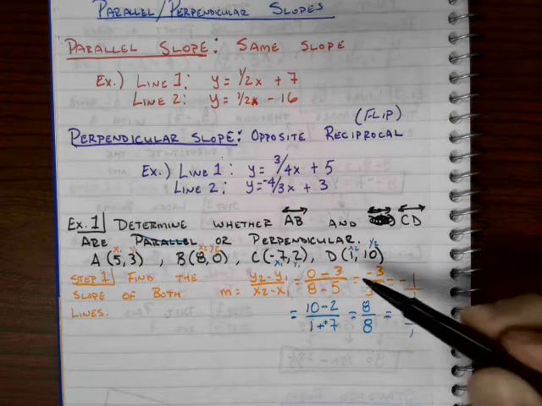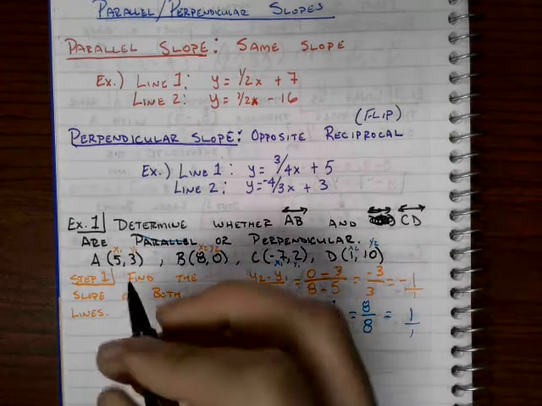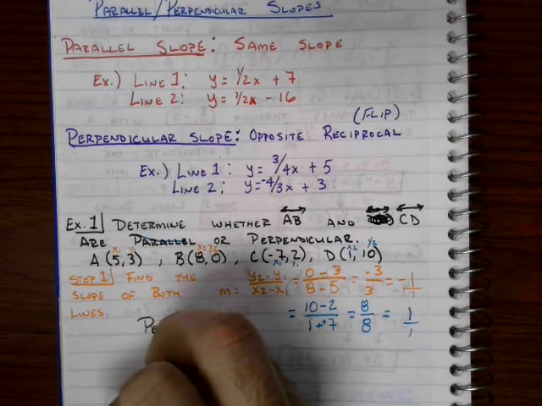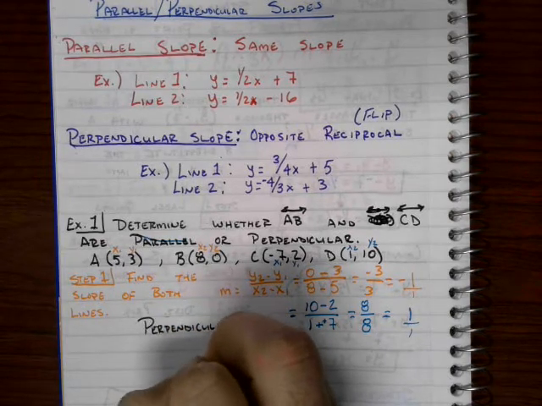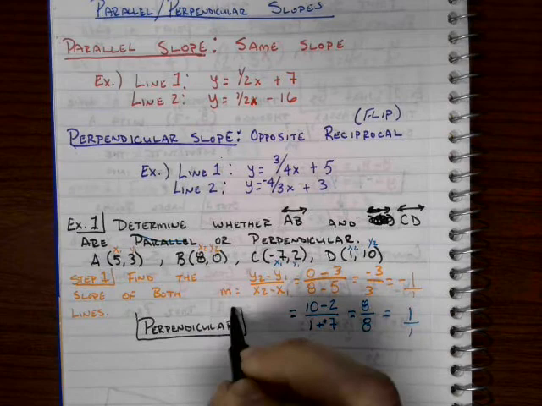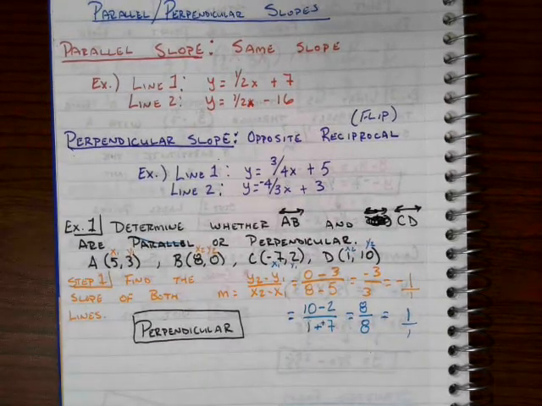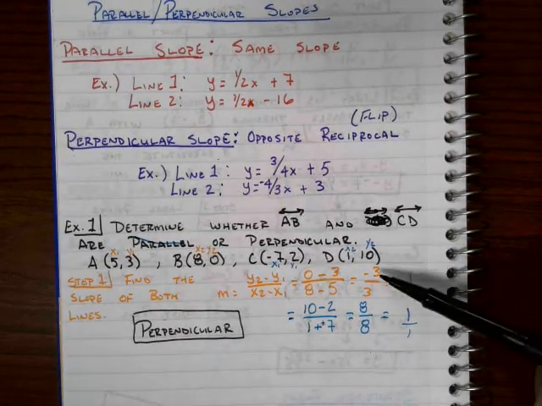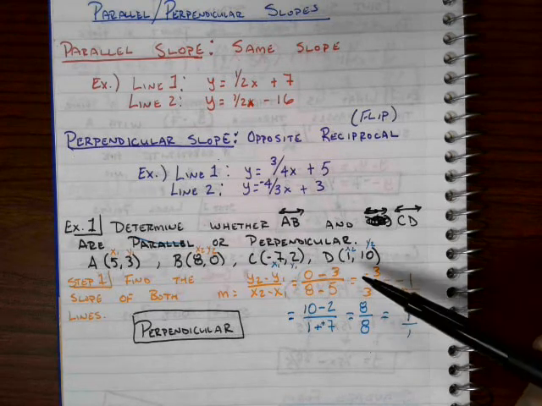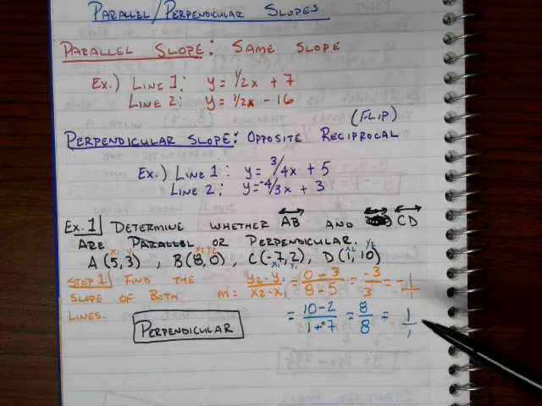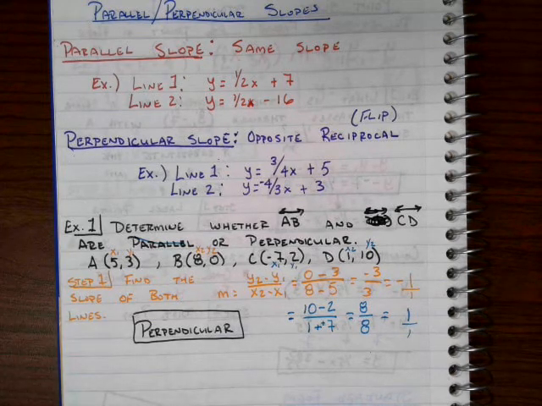That means line AB and CD are perpendicular. Okay, these are perpendicular. This one can be tricky, like I said, because the numbers here are different. But once I reduce them, then we can see what our answer needs to be.